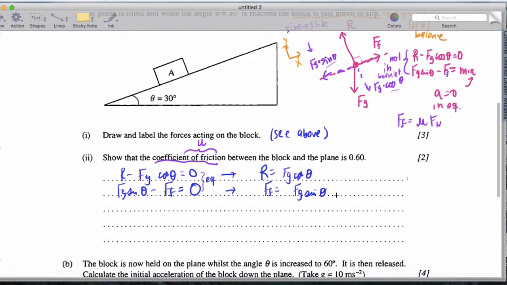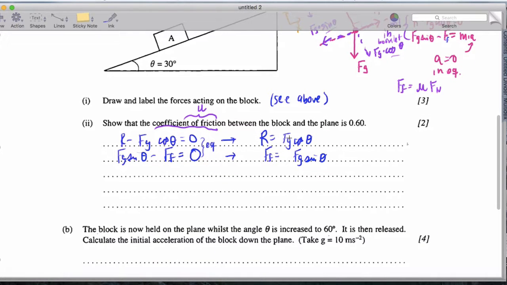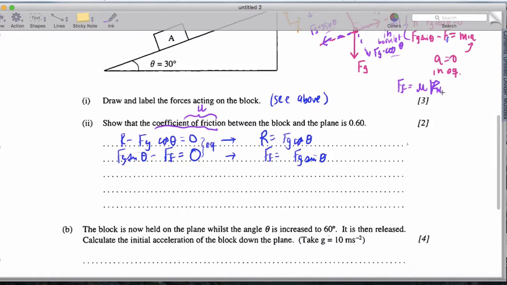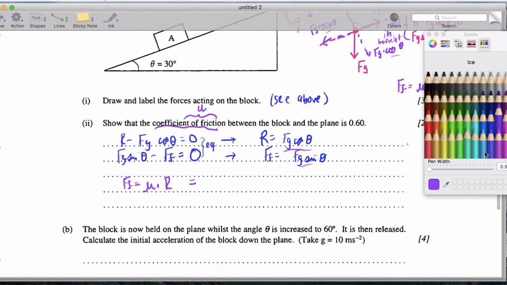Now I'm going to do a little bit more of a general solution. I'm not going to put in numbers just yet. Let's do the following. I'm going to use the fact that, and sorry, I put Fn here. I need to write that as R for the reaction force. So I have that the friction force is mu times the reaction force. Let's actually plug in these values that we have here.